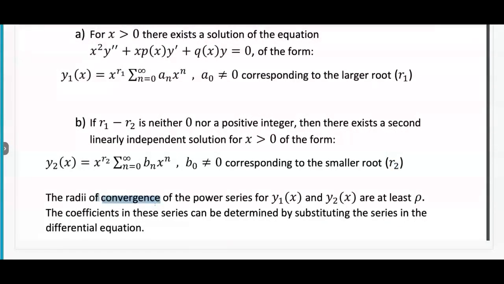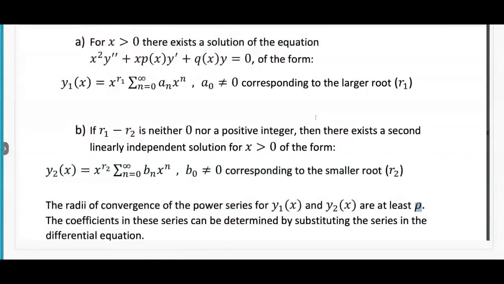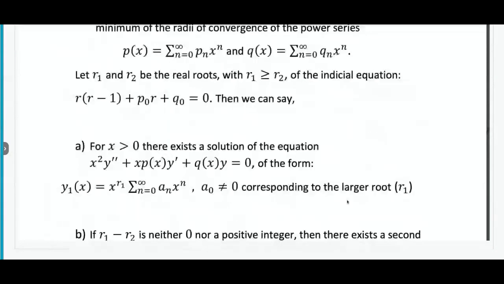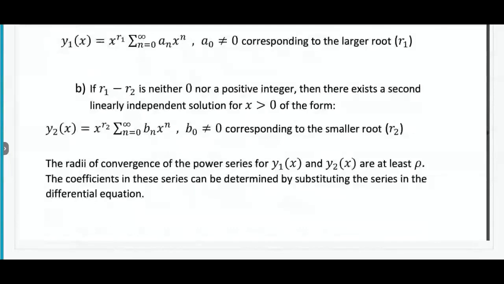The power series for y1 and y2 converge at least for x in the interval 0 to rho, where rho is a positive number. The coefficients in this series can be determined by substituting the series into the differential equation.